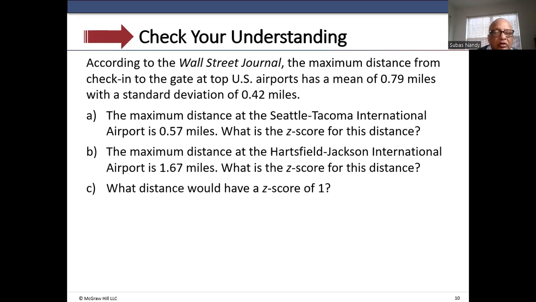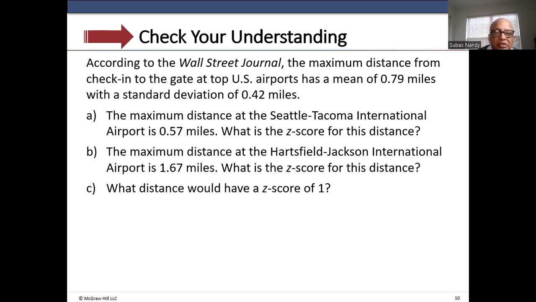So the Z-score is minus 0.52. What does it mean? It means the Seattle-Tacoma International Airport distance of 0.57 miles is 0.52 standard deviations below the mean. Why below the mean? Because it is negative.